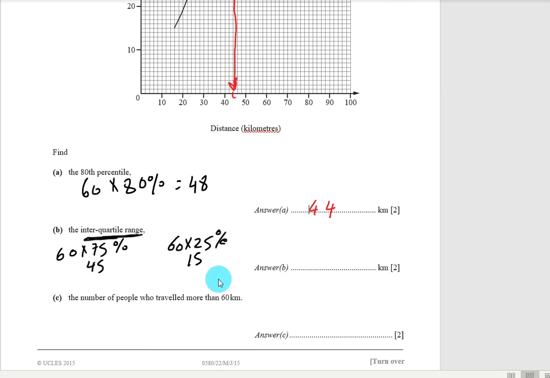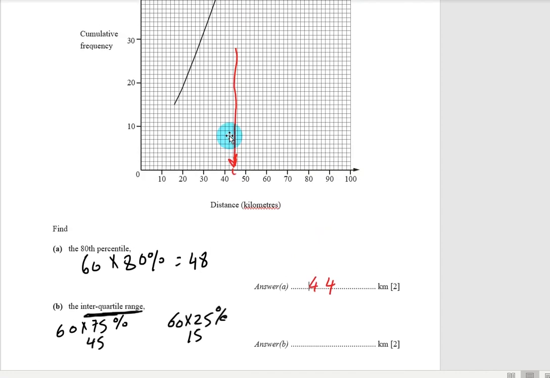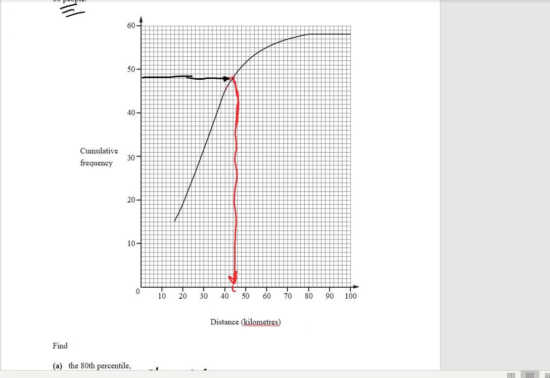Let us find the reading first at 45. So we will go up to 45. So 1, 2, 3, 4, 5. So this is 45. Here is 45.